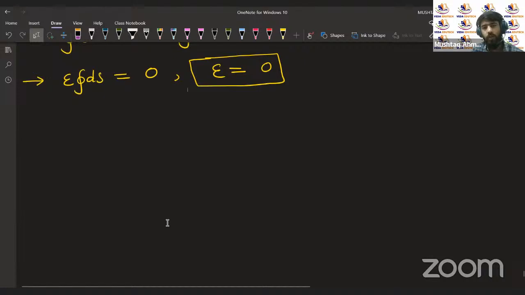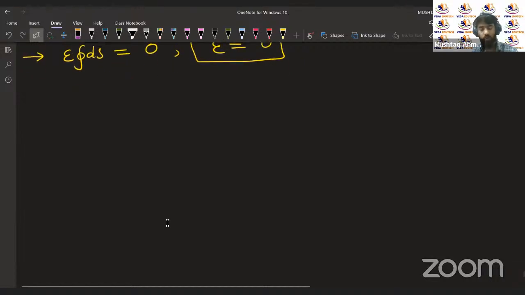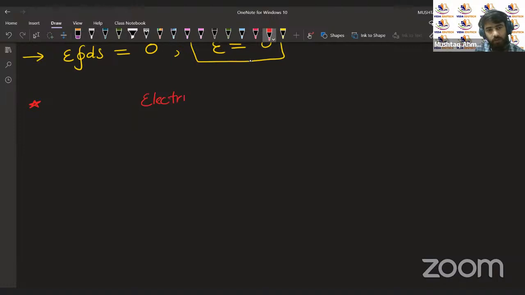So let's try to apply Gauss's law to different symmetrical cases. Let's discuss the electric field due to a hollow sphere.